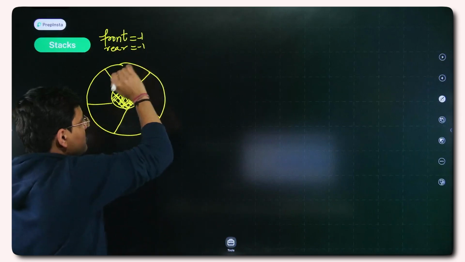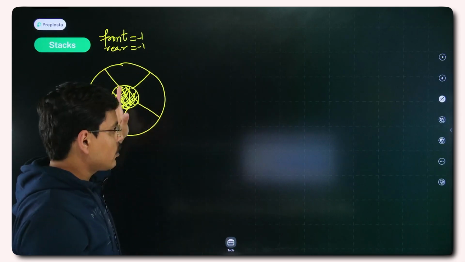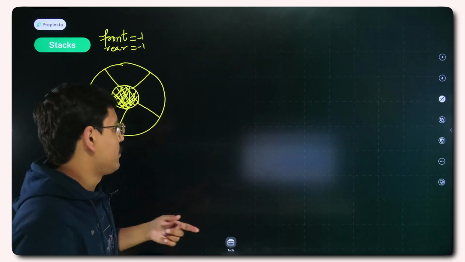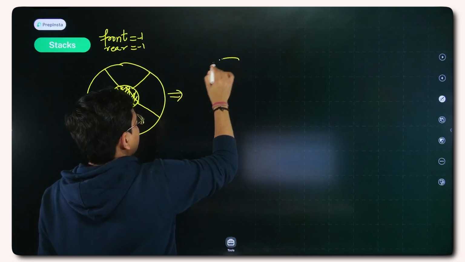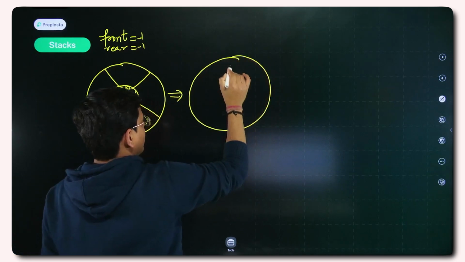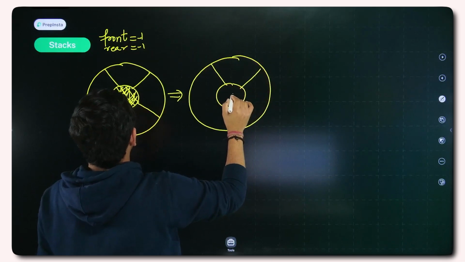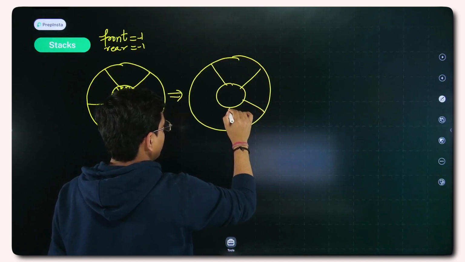In this case, when I add something to this queue, I'll not just stick to this queue, I'll keep drawing the stages of this queue so that you understand what's happening here. So now I add an element to this queue. What's the capacity? 5 is the capacity.